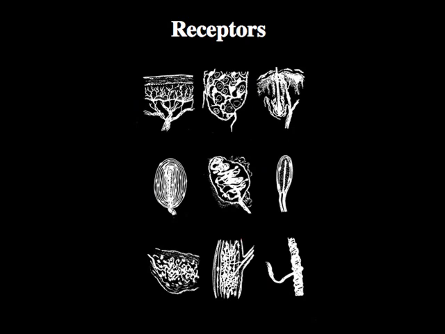Receptors are interesting things in that they all have a nerve ending which converts something to a rate of generation of action potentials.